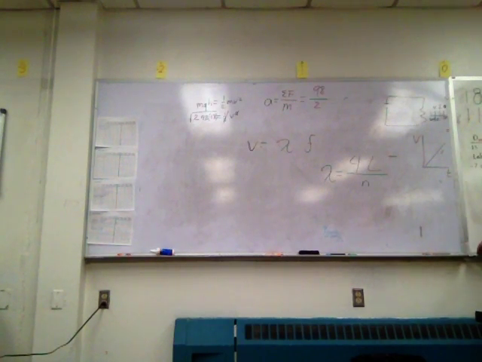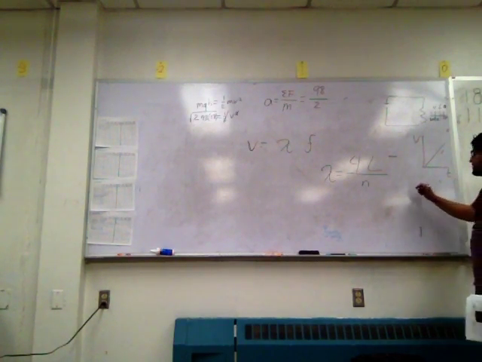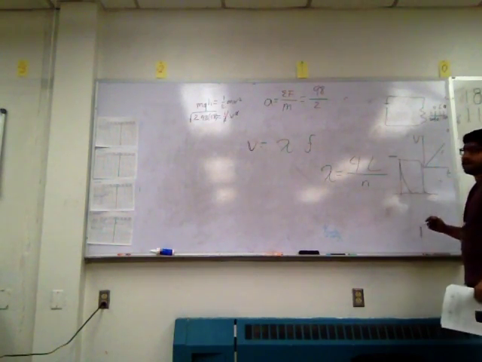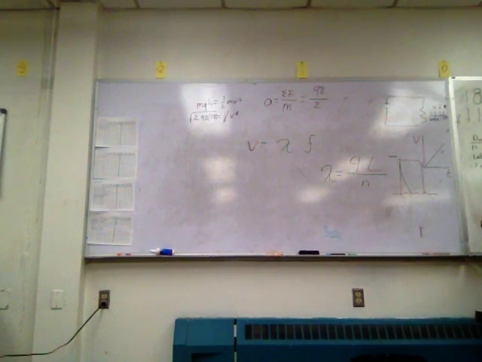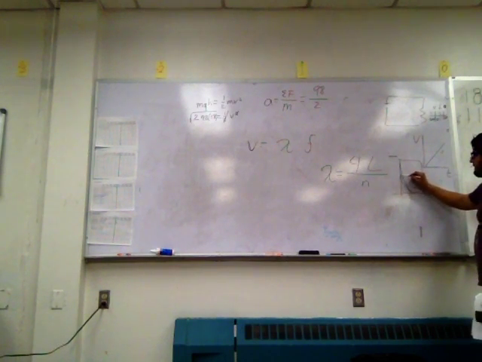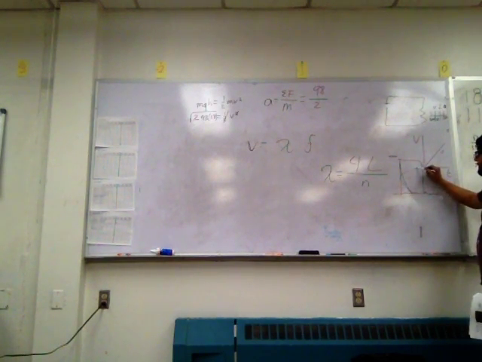So when the tube is underwater, here's the water, and here's the top of the tube. The air particles are vibrating like that when it's the fundamental frequency. When it's the second one, it would be like that.